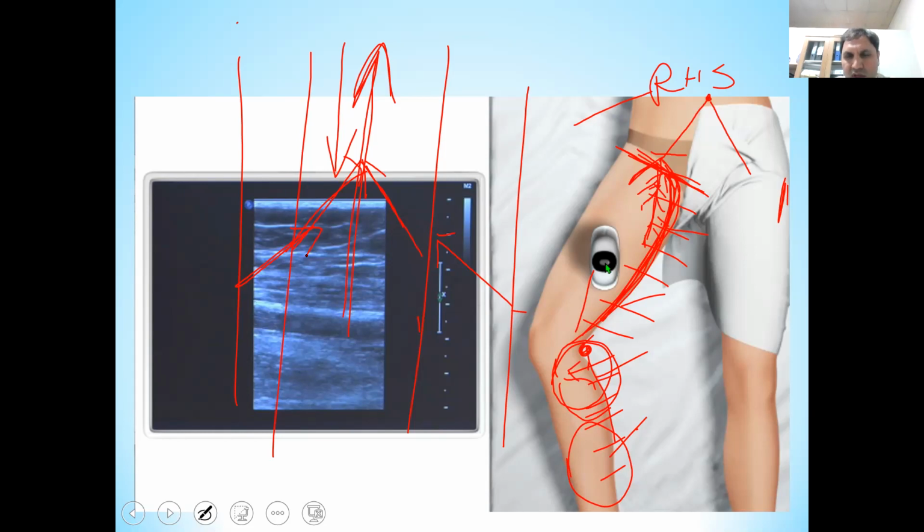This is actually chronic venous insufficiency that can be presented in different grades of severity, ranging from edema to venous ulceration. Okay, so this is most important to know.